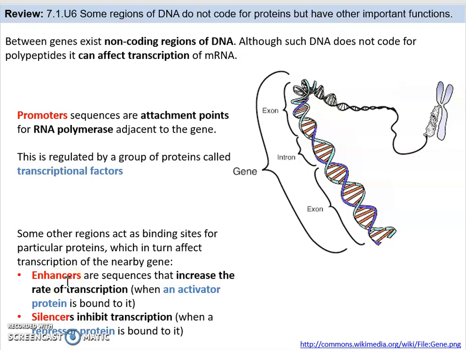So enhancer regions are non-coding regions which speed up the rate of transcription. Also, by contrast, we've got regions of non-coding DNA which are referred to as silencer regions. And again, if and only if we've got certain proteins present that can bind to the silencer region, known as repressor proteins, we inhibit transcription and we stop the binding at the promoter region.